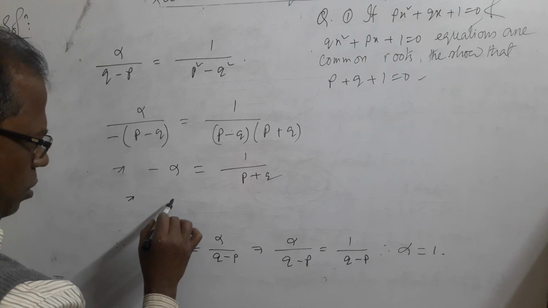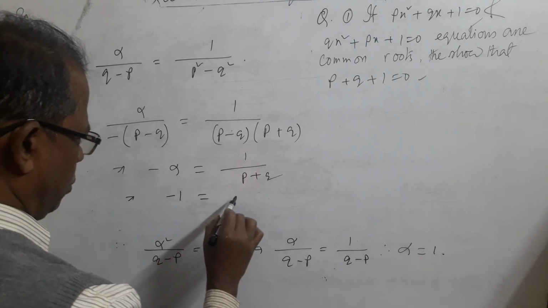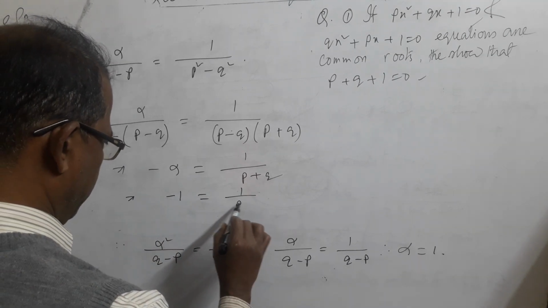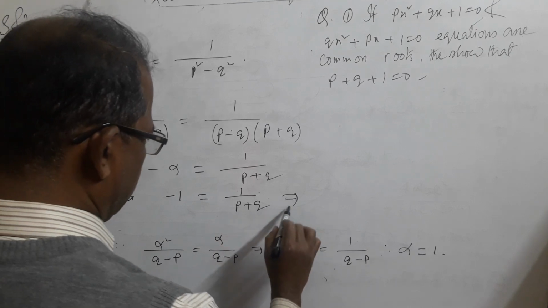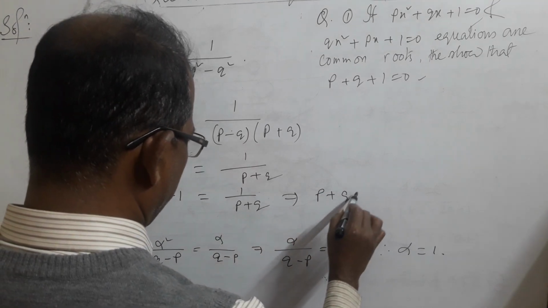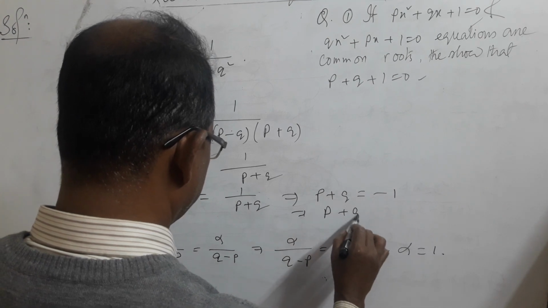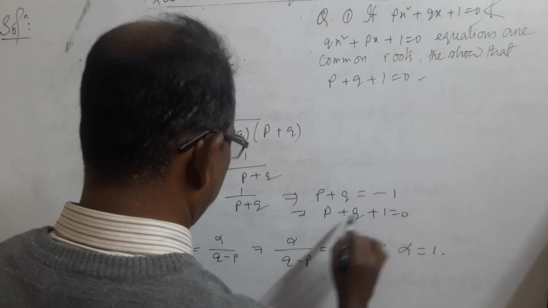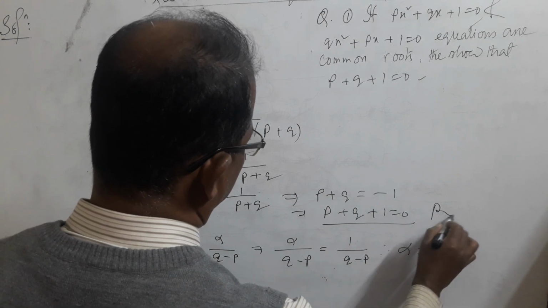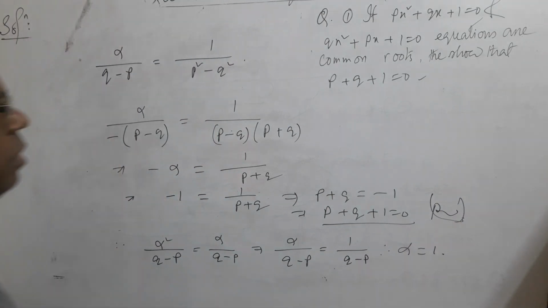That's equal to minus 1 equal to 1 by p plus q. So that implies p plus q equal to minus 1. That's why p plus q plus 1 equal to 0. It's proved. So it's easy maths.